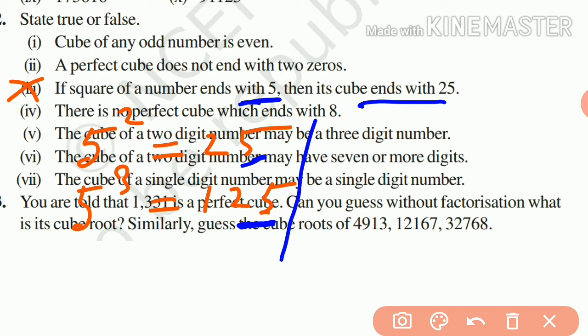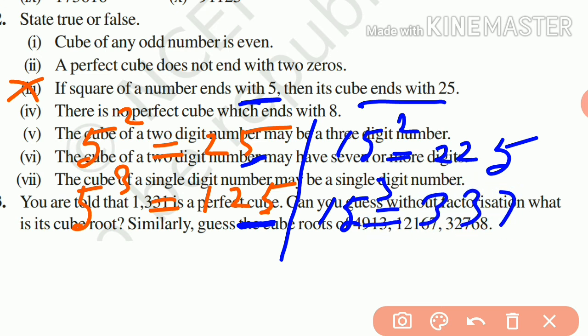Suppose we take another number, that is 15. Square of 15 is 225, and cube of 15 equal to 3375.